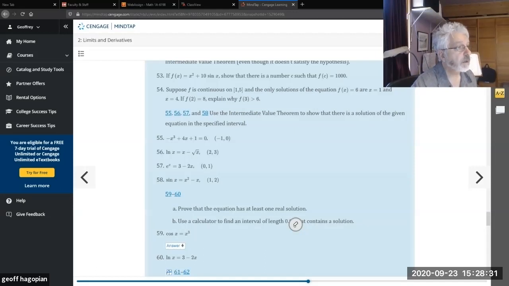How about 55 through 58? Use the intermediate value theorem to show that there is a solution of the given equation on the specified interval. Shall we try 55? Just to get a feeling for this.